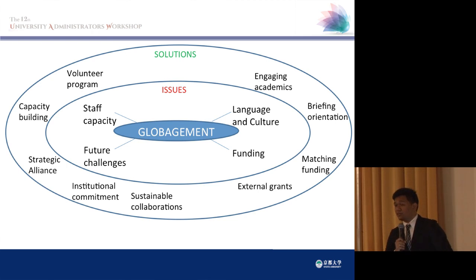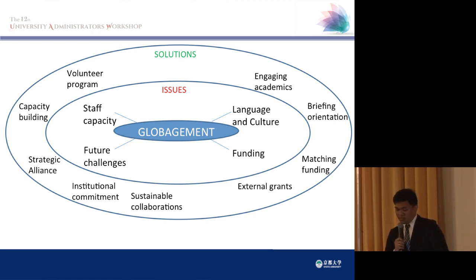They'd have to apply for scholarships outside their university, sometimes through the governments of each country. So if there's no available scholarship in your university, there's basically no choice for our students but to apply for external grants. And next is matching funding.